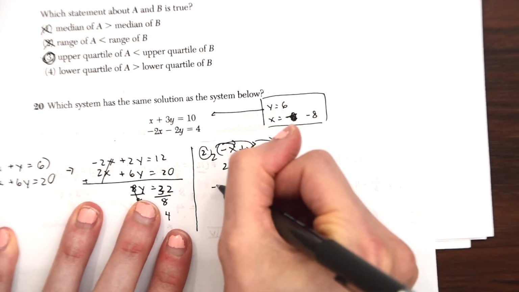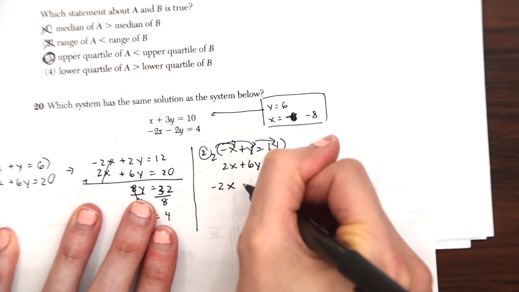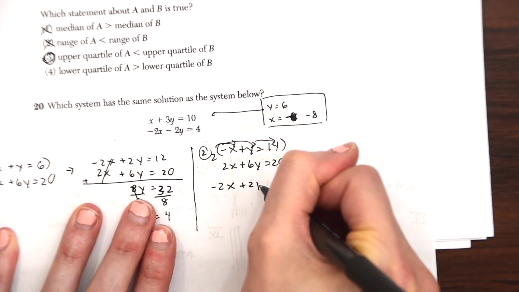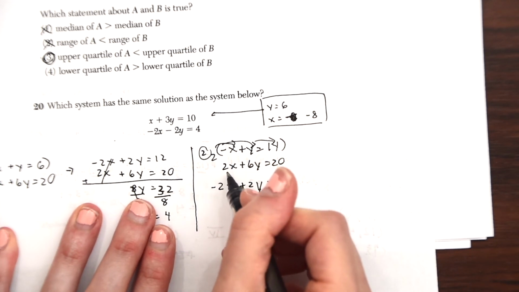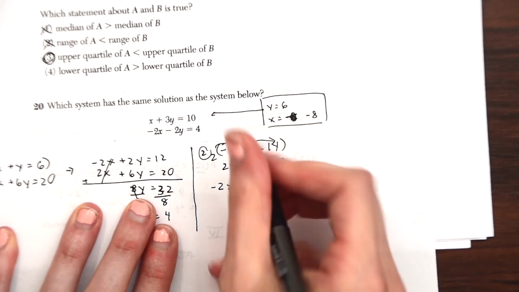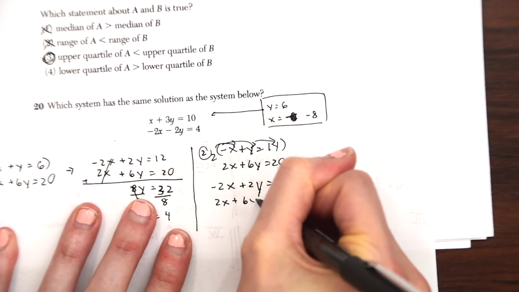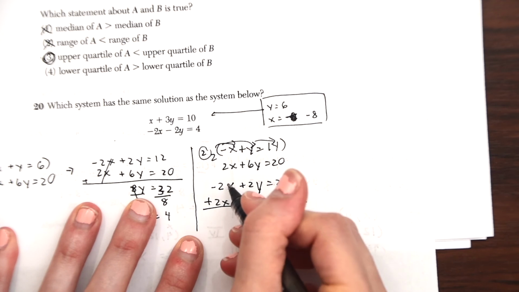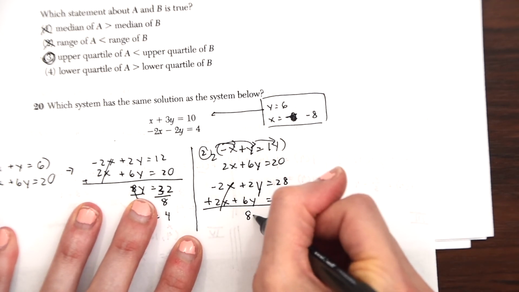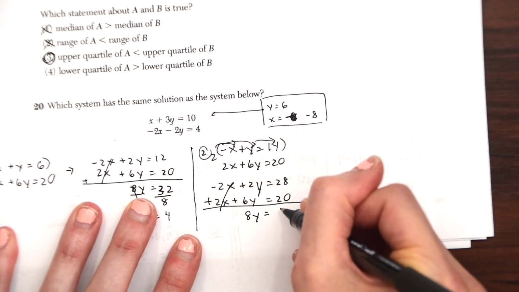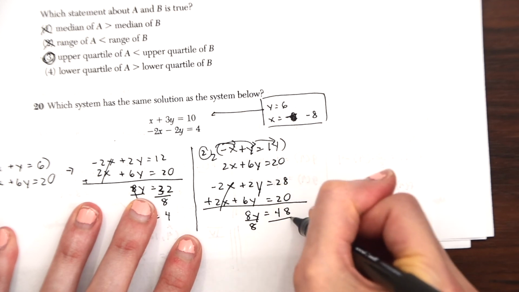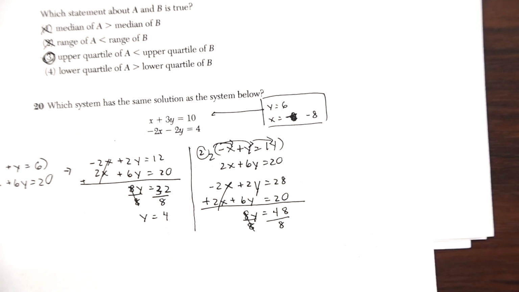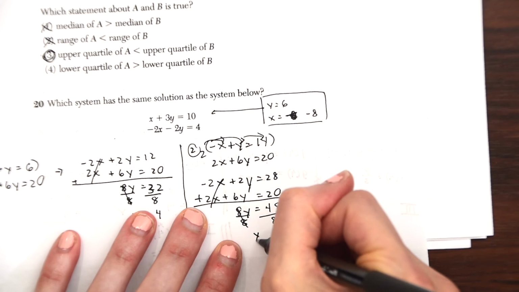When we do that, we get negative 2x plus 2y equals 28. And then the bottom just stays the same, 2x plus 6y equals 20. Add these together. Notice these will cancel out. And then we get 8y again equals 48. And 48 divided by 8, oh, so we get y equals 6 here.